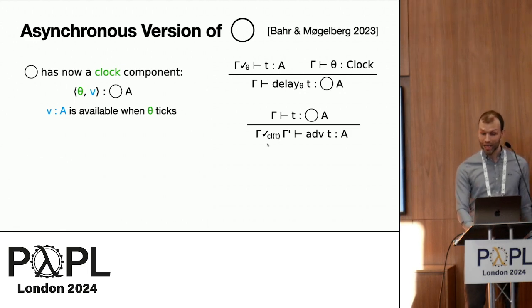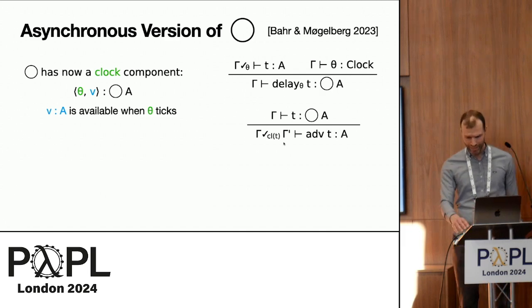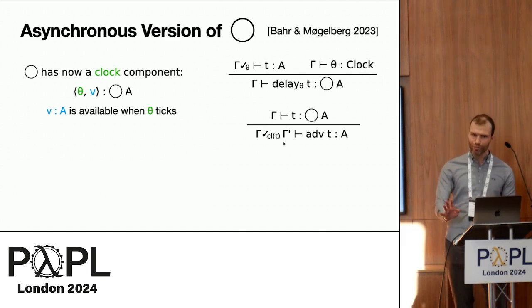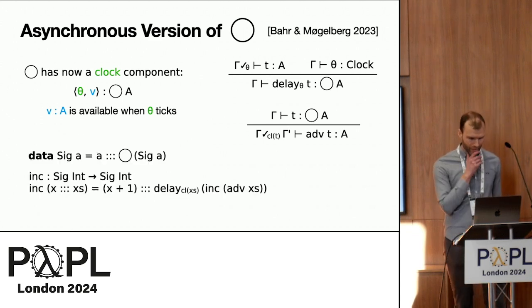Here we have to have this evidence in the context. So this typing system makes sure that we interact with this later modality in the right way, and we avoid the problem of non-causality and also time leaks. All right, so that's a very brief way of telling you about this type system.